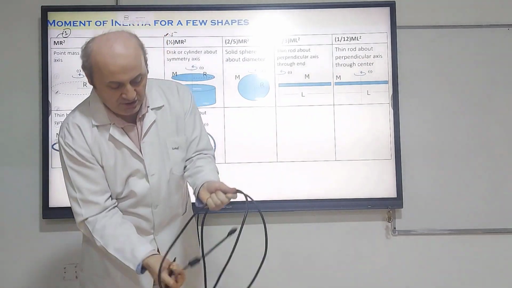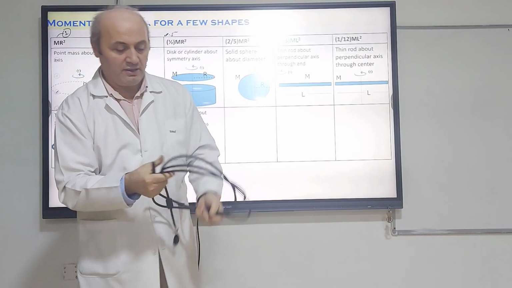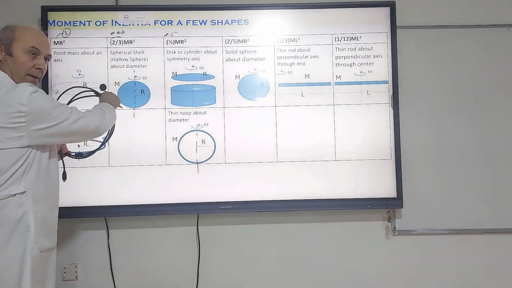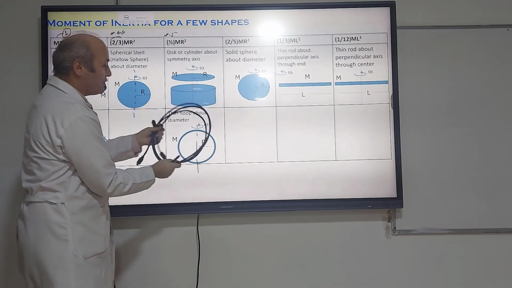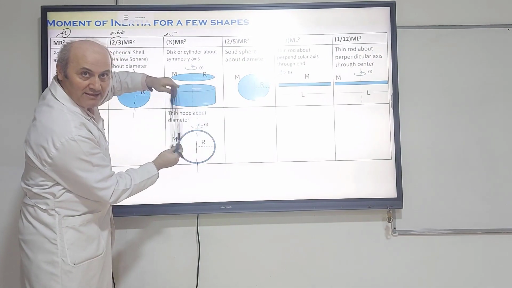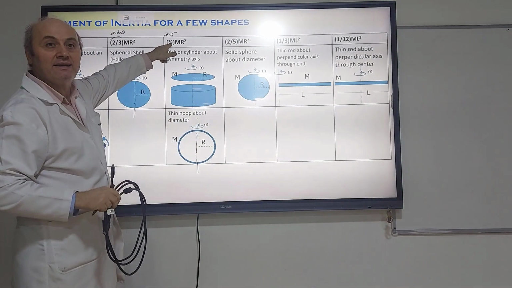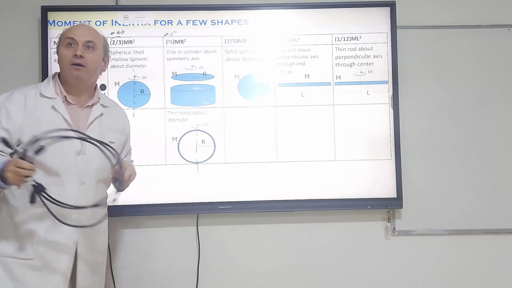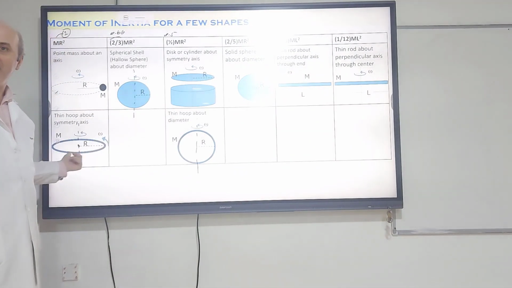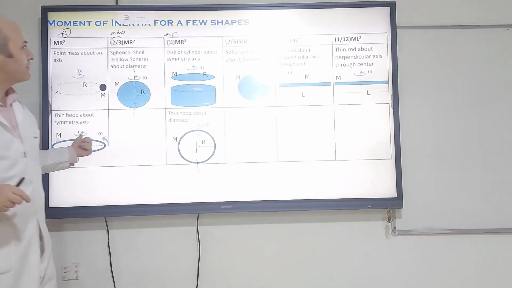Alright, this is similar to an L. In the first one, you rotate it this way, about the center. But here, you rotate it like that, about the diameter. As you see, it has less moment of inertia, 1/2 MR squared. So rotating this way is easier than that way.